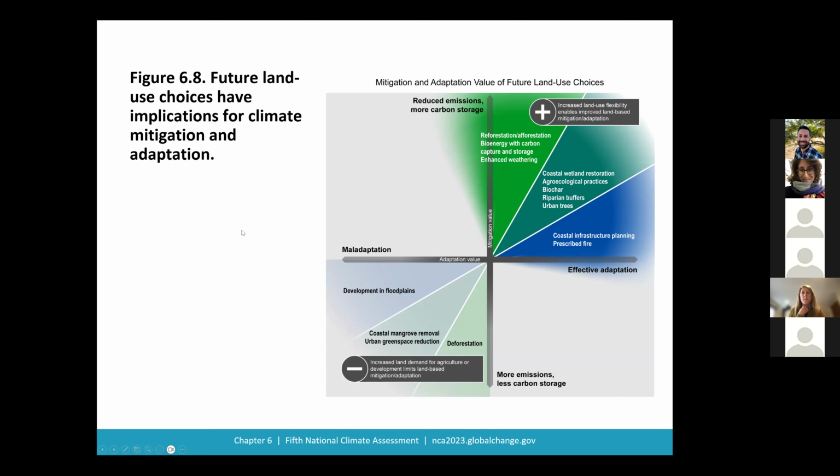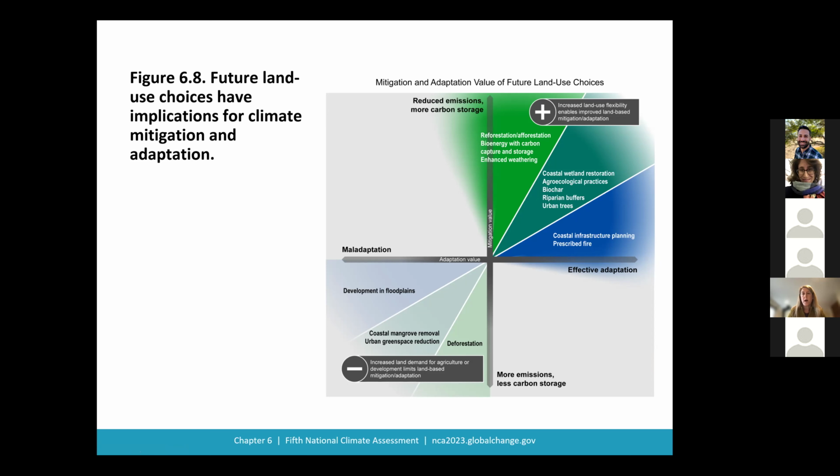Okay, so figure 6.8 considers these future land use choices towards mitigation and adaptation, with the horizontal axis showing land use choices that increase our adaptation to climate change, and the vertical axis showing land use choices that contribute to mitigation of climate through reduced emissions and more carbon storage.